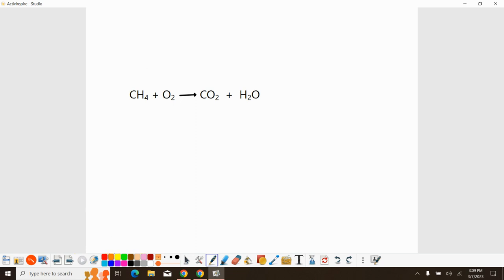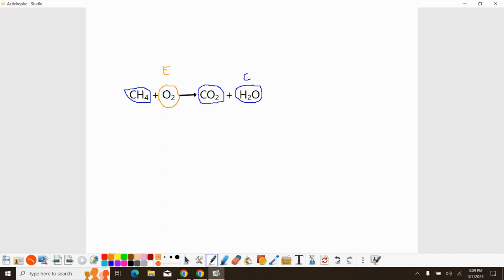More than one capital letter means what you're looking at is a compound. So that is an element, and it is the only element in my equation. Everything else in my equation has 2 or more capital letters. That's got 2 capital letters in it, so it's a compound. That's got 2 capital letters in it, so it's a compound. That's got 2 capital letters in it, so it's a compound.